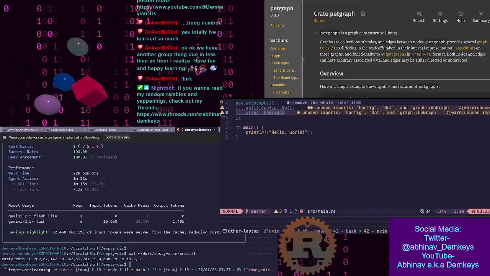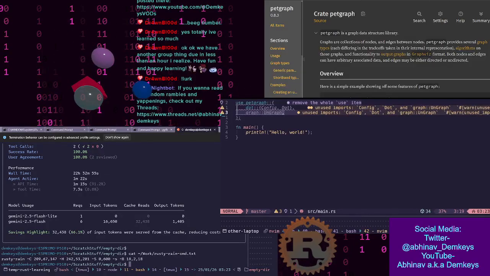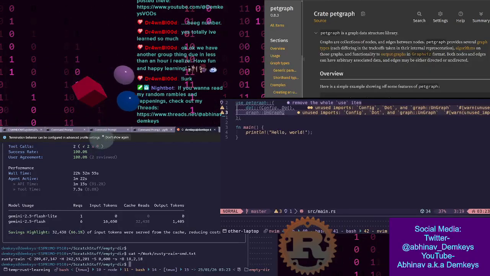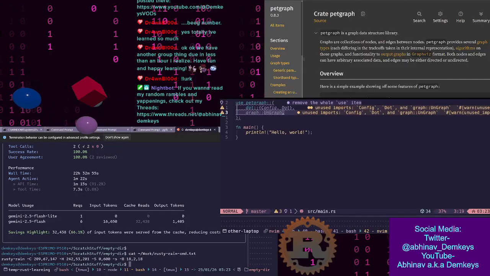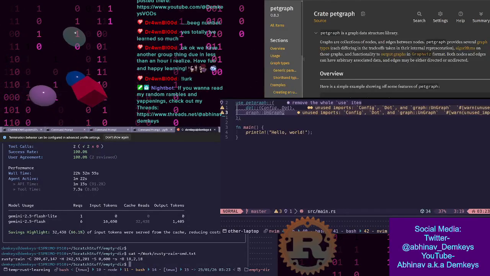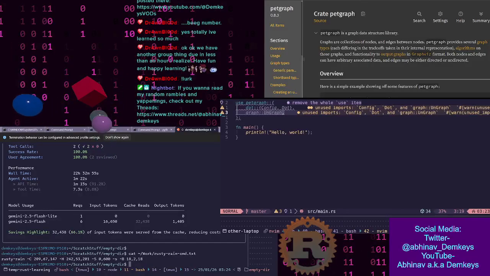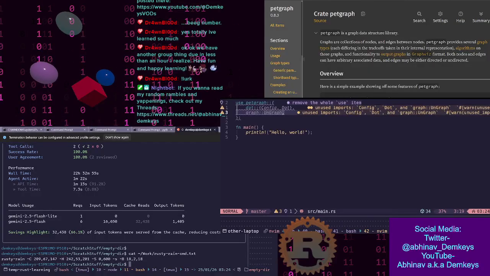I've been exploring the petgraph crate in Rust, and this made me realize that I don't really understand the concept of graphs, the various types of graphs, how they are meant to be used, how they work, what algorithms I can run on them, and so on.